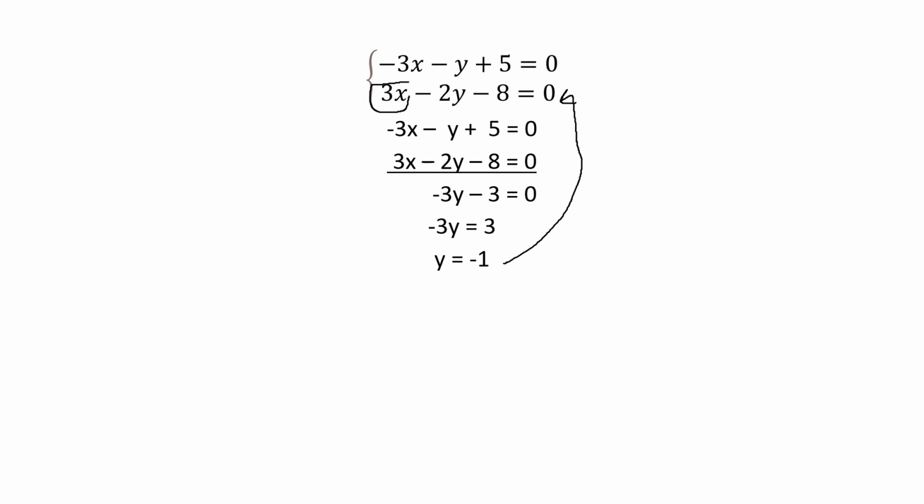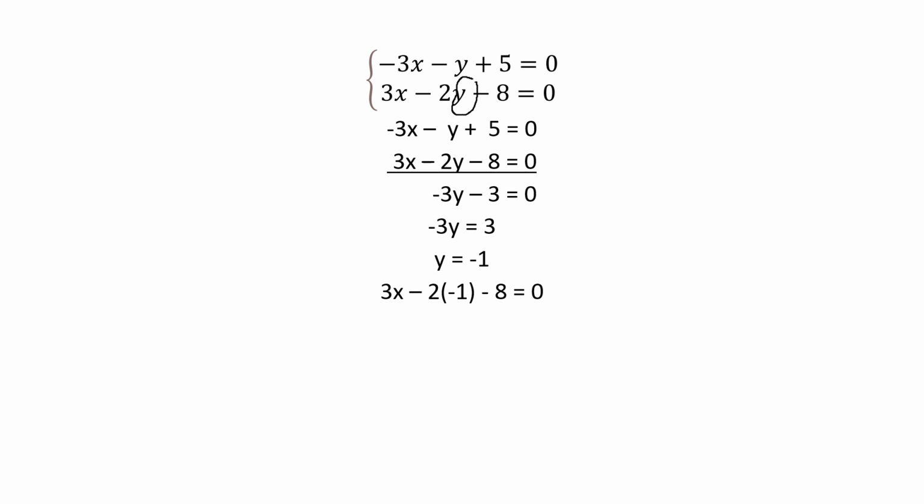So I am going to use the bottom equation. I'll have 3x minus 2, and instead of y, I'm going to put in negative 1, because that's what I solved my y to be. Now I just start solving this. So again, I took what I found for y and plugged it in right there.